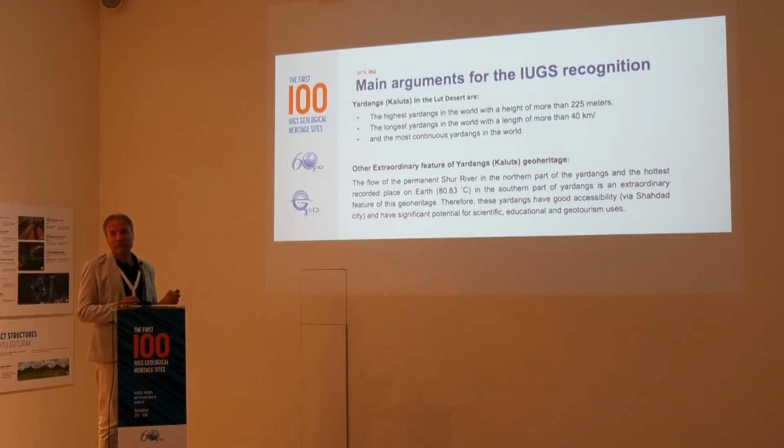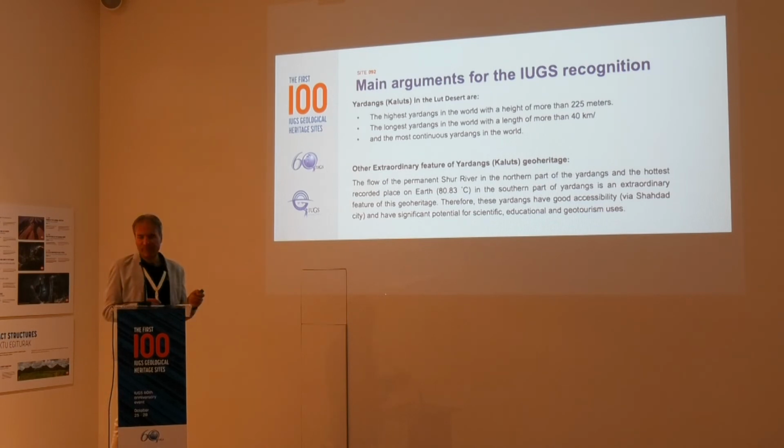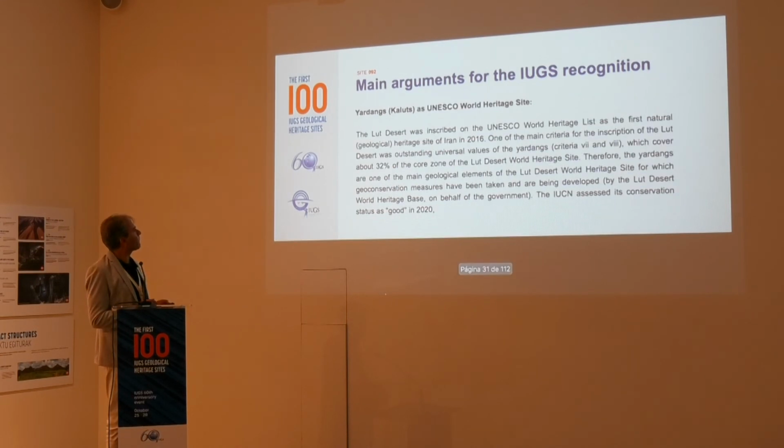But the highest measured temperature was in the Lut Desert. Of course, we have good access to the Yardangs. Shahdad city is connected to the Yardangs by a good access road, with good potential for geotourism and for research and studies in this area.